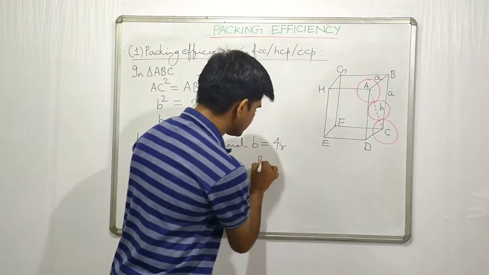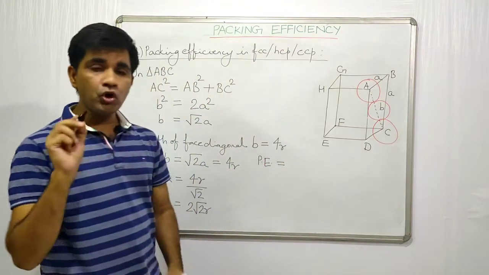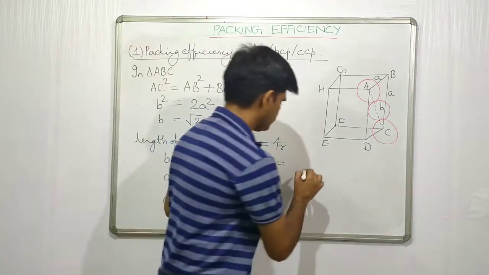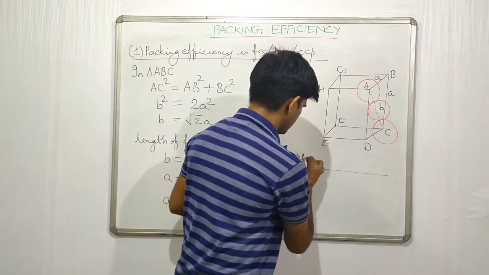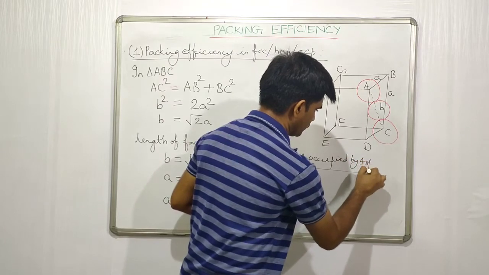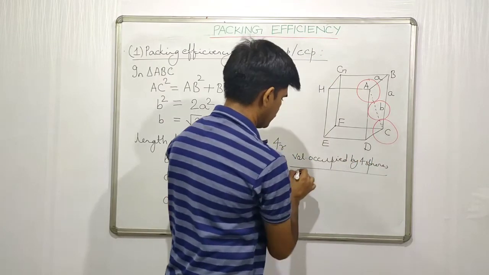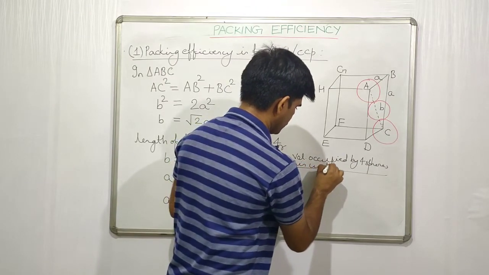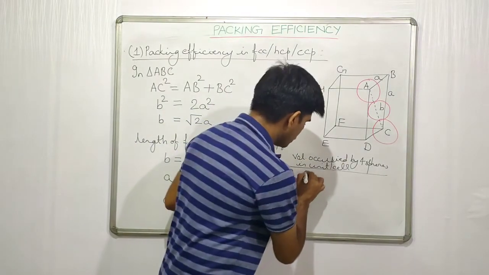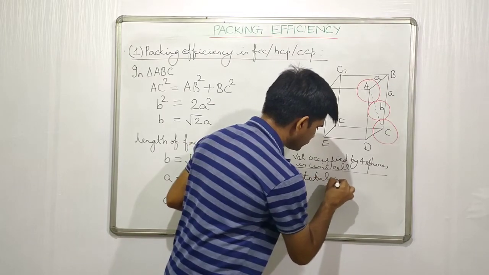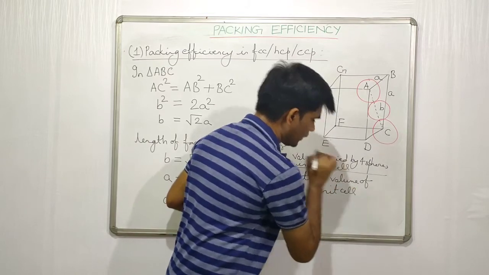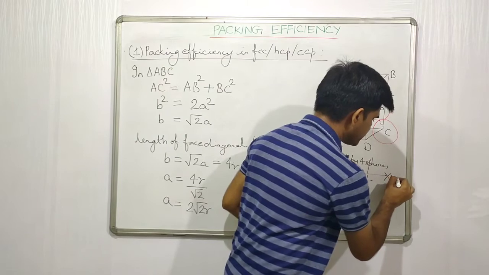The formula for the packing efficiency is equal to the volume occupied by 4 spheres in the unit cell upon the total volume of the unit cell into 100%.